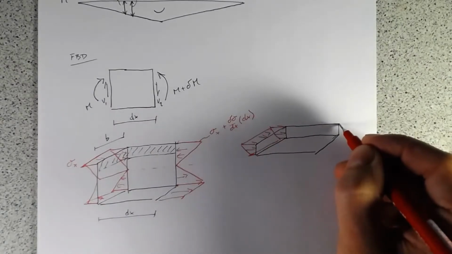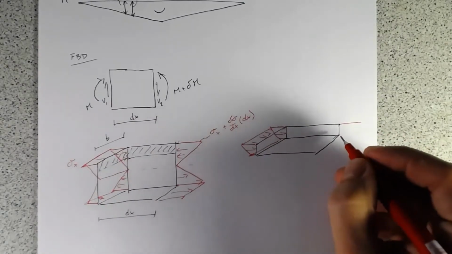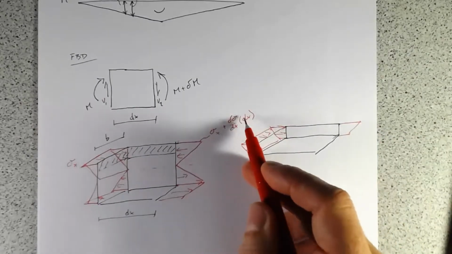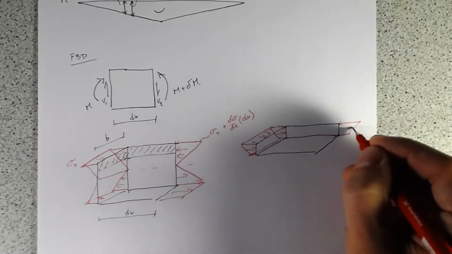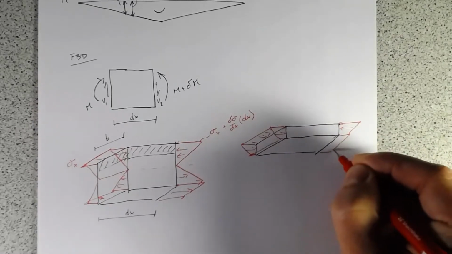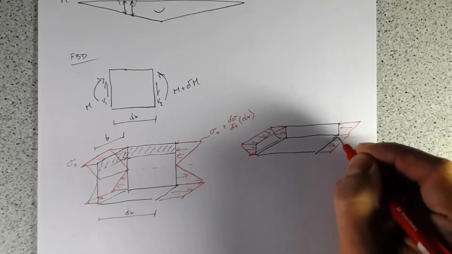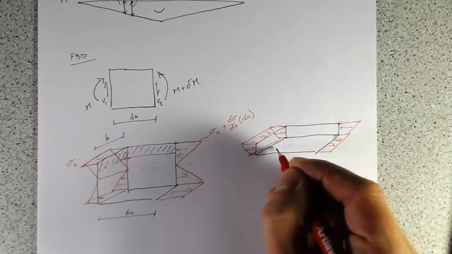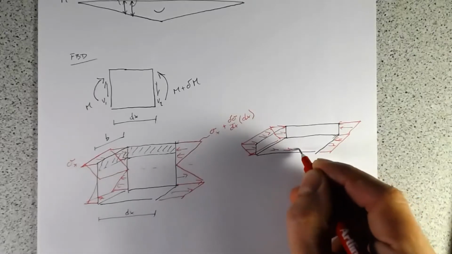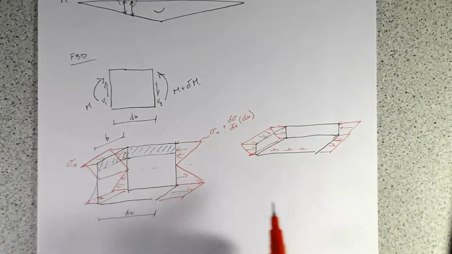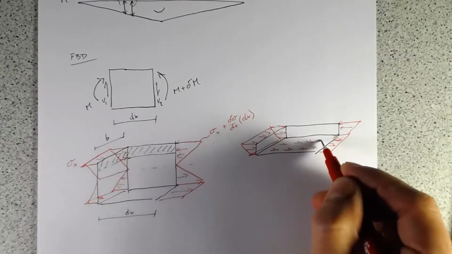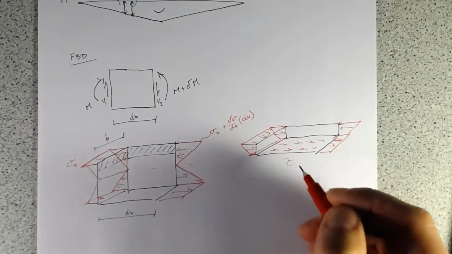And on the other side, again, a slightly larger bending stress due to the small delta M. So that's the bending stress, but then also here on this surface that we've cut and removed, we have some shear stress tau.